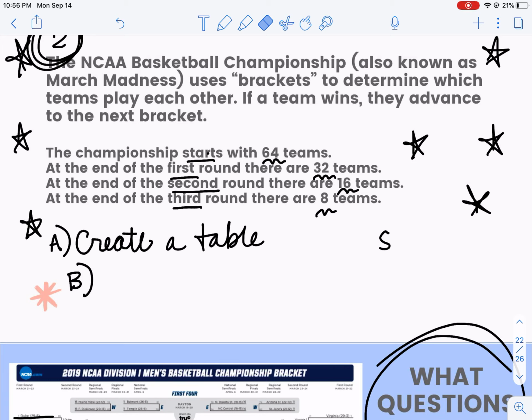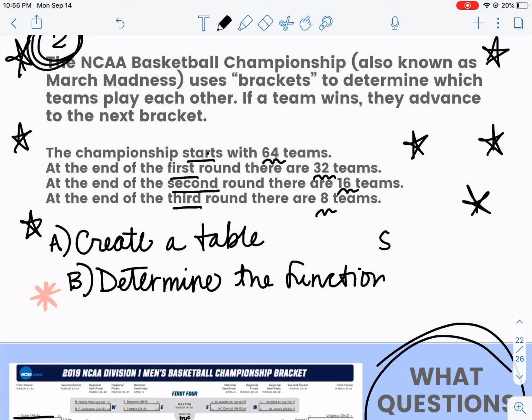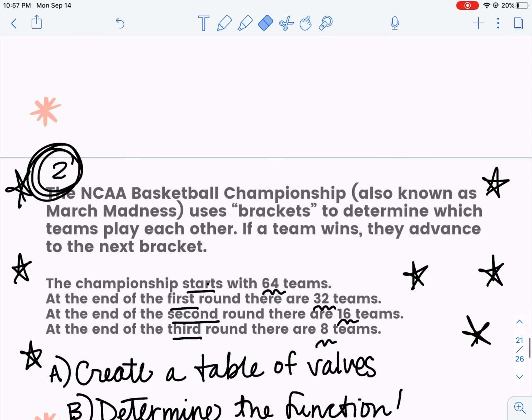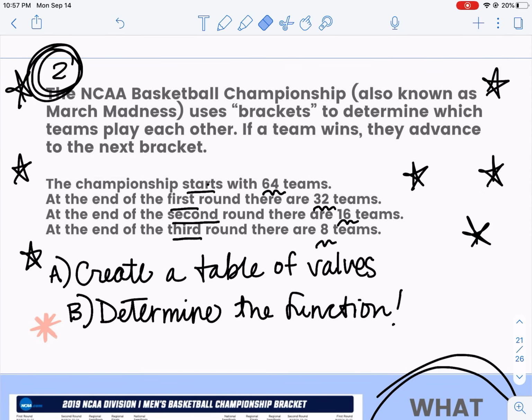Determine the function. Okay. So you are going to create a table of values for your March Madness function problem, and then you are going to determine the function.